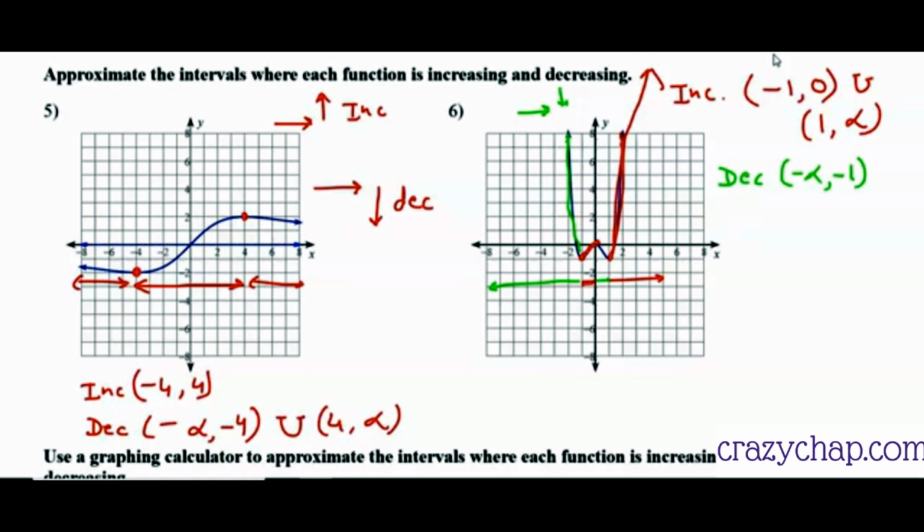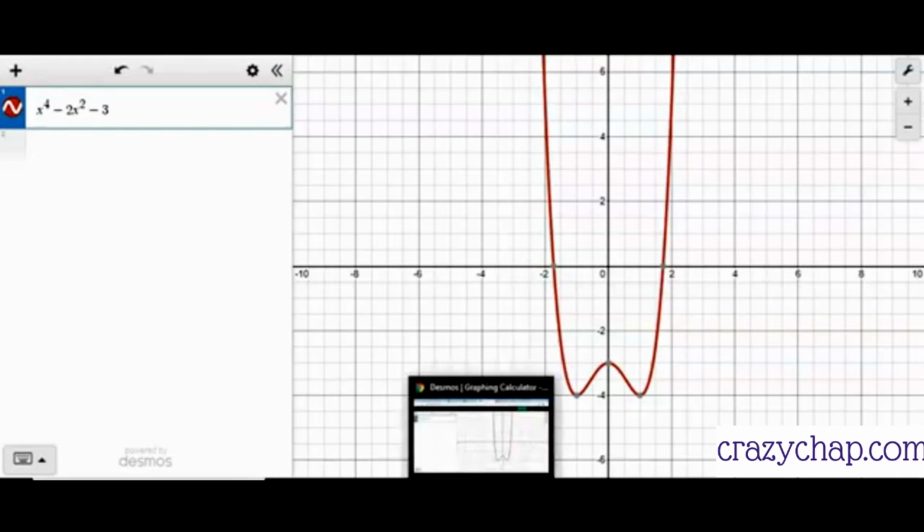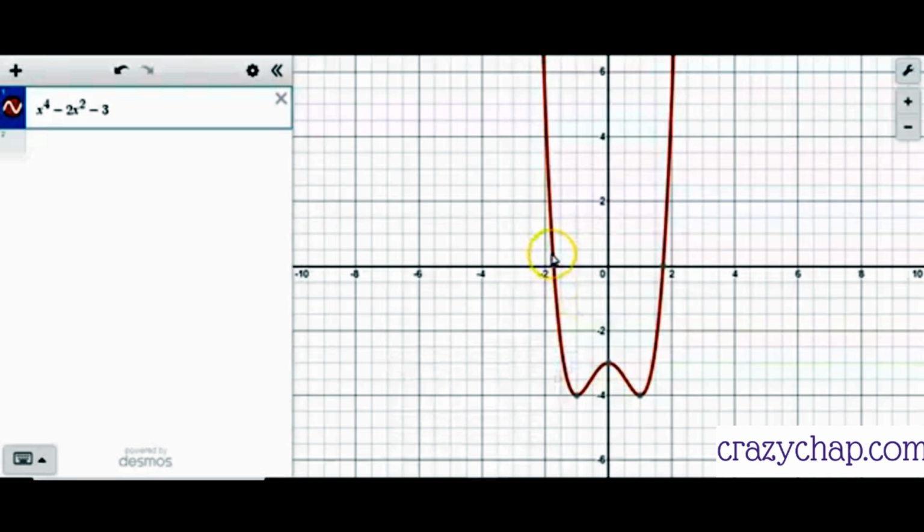So basically we'll have to draw the graph. I have drawn that for you, number 7, and we have to tell about the increasing and decreasing interval. So here you can see that the function is decreasing from negative infinity to negative 1, and union from 0 to, for the remaining interval.